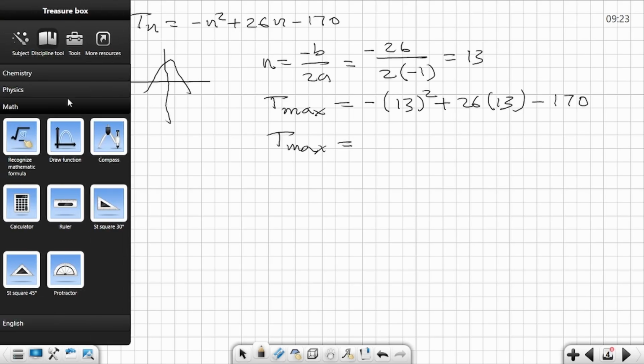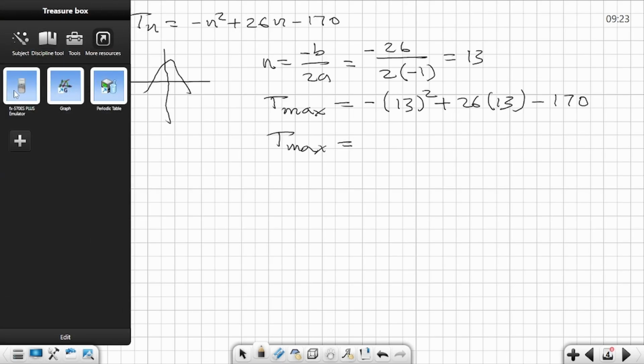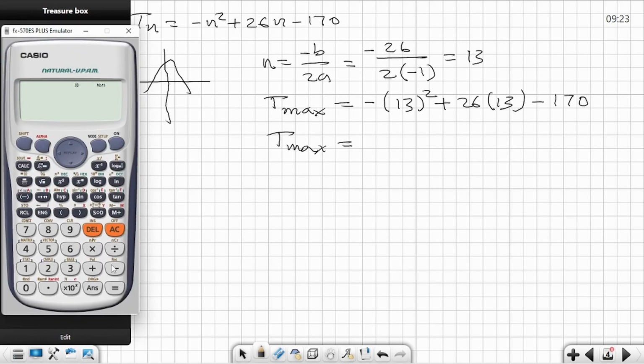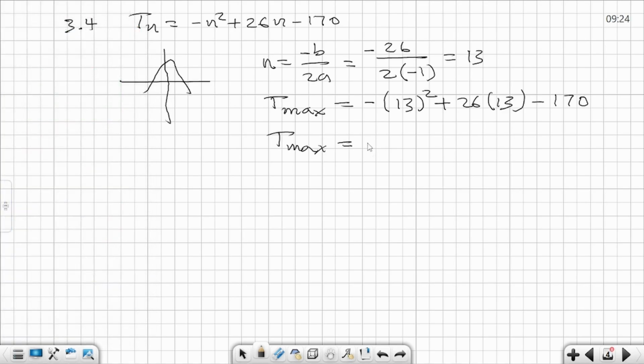Use your calculator. So you have negative 13 squared plus 26 times 13, minus 170. What is the answer? Negative 1. So T maximum is negative 1.